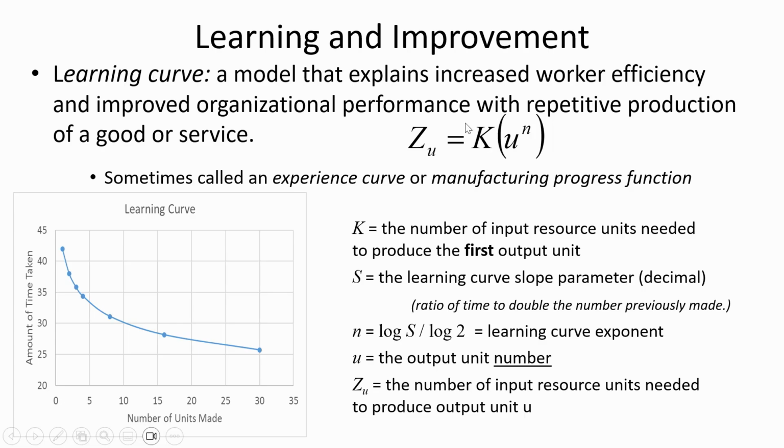We would have to know K, which was how much time it took to do the first oil pan, and then U would again be 15, because that's the 15th one that we're trying to figure out. And then to the power of n, where n is the log of S, which in the previous slide, S was defined as the ratio associated with doubling your experience, divided by the log of 2.